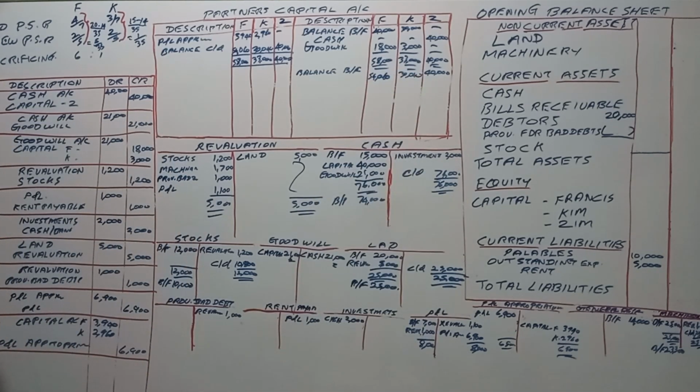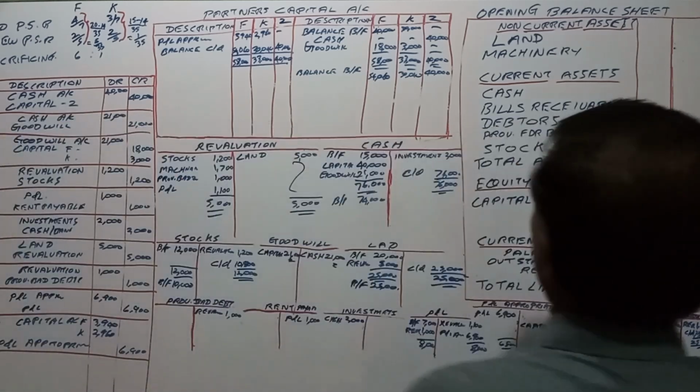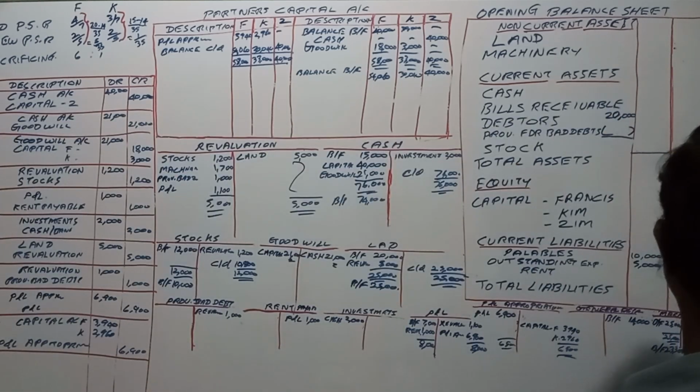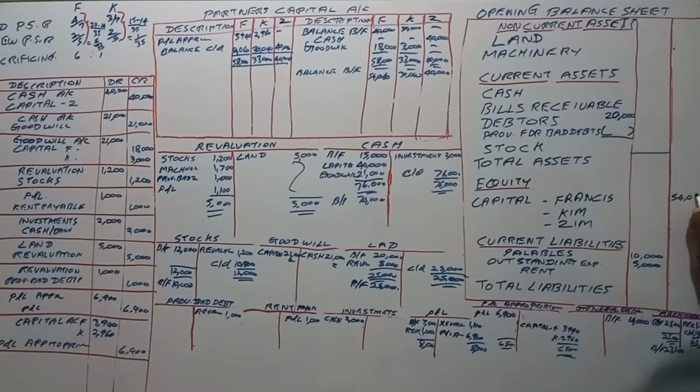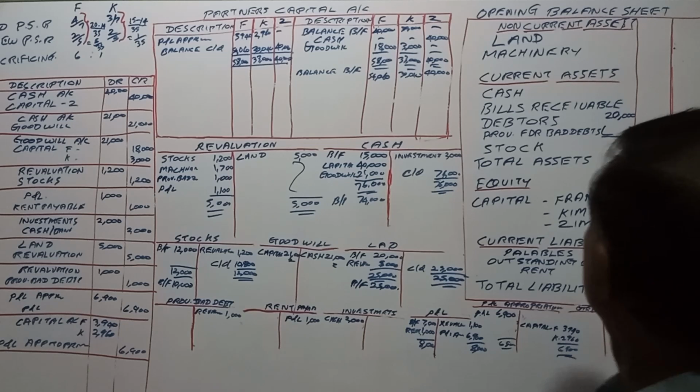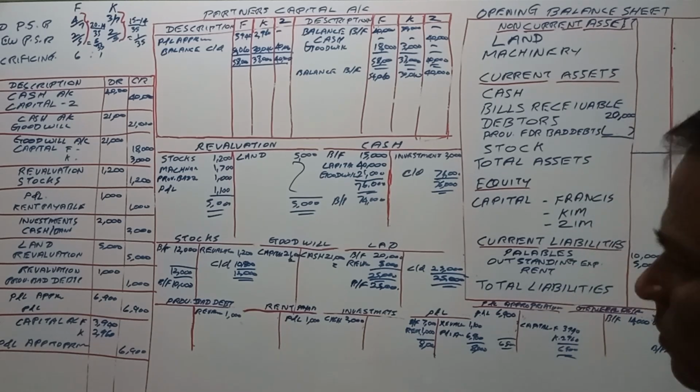That's the balance. Here we will say 54,060, 30,040 and 40,000. Total 124,000 and 100, right? And we'll balance the accounts, right?